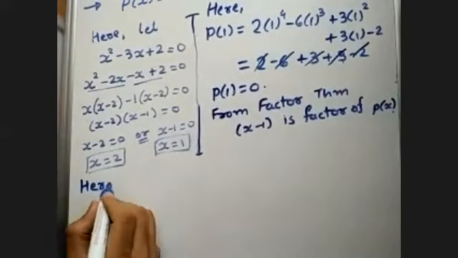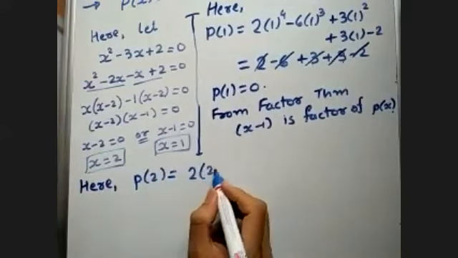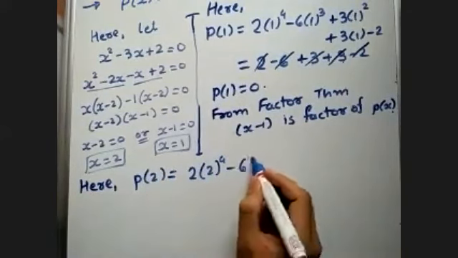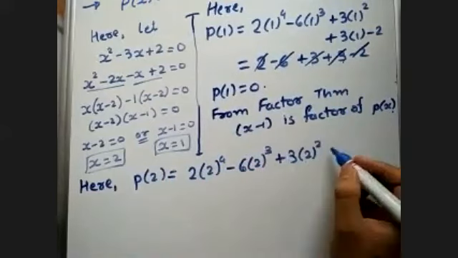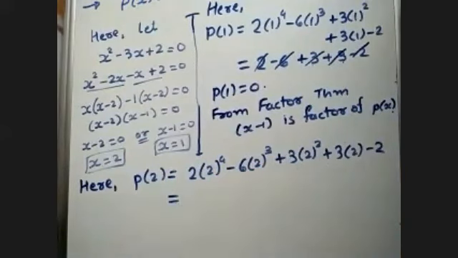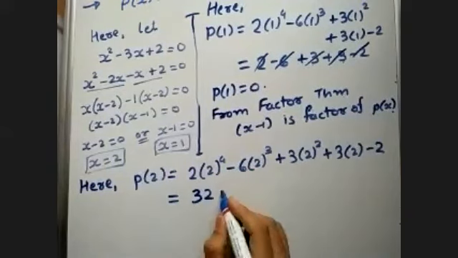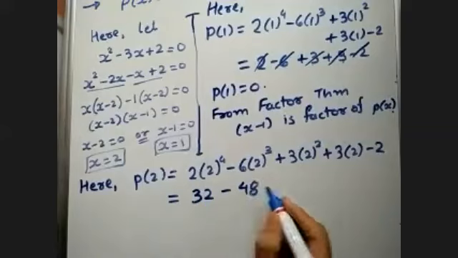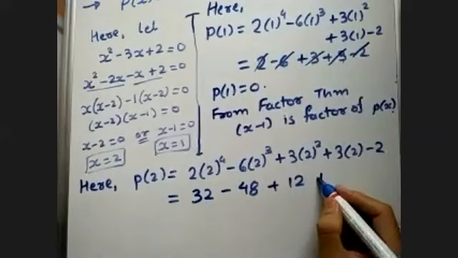So here p of 2 is equal to 2 times 2 to the power 4 minus 6 times 2 cube plus 3 times 2 square plus 3 times 2 minus 2. 2 to the power 5 is 32, 2 cube is 8, 8 times 6 is 48, 2 square is 4, 4 times 3 is 12, plus 3 times 2 is 6, minus 2.